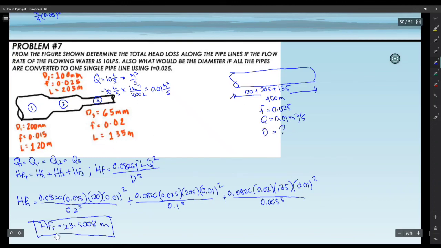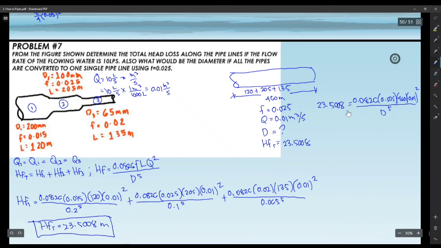Since we already found the total head loss, which is 23.5008, we apply the same formula, and the unknown is D. So 23.5008 is equal to 0.0826 times the friction factor 0.025 times the length of the pipe, 460, and then the flow rate 0.01 raised to 2 over the unknown, D raised to 5.